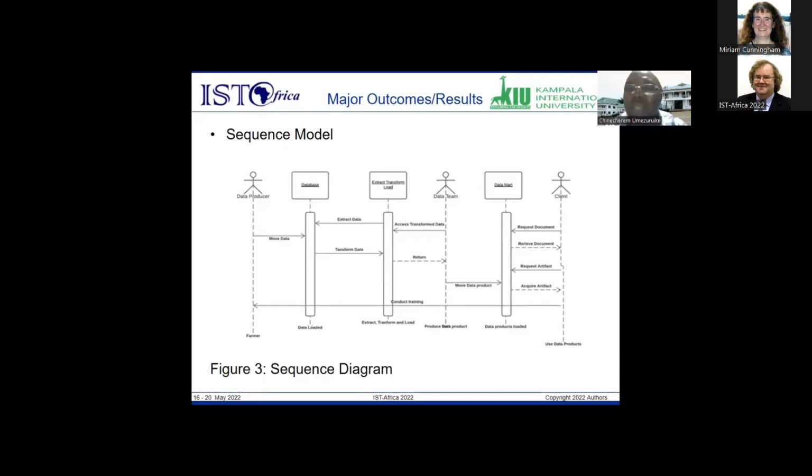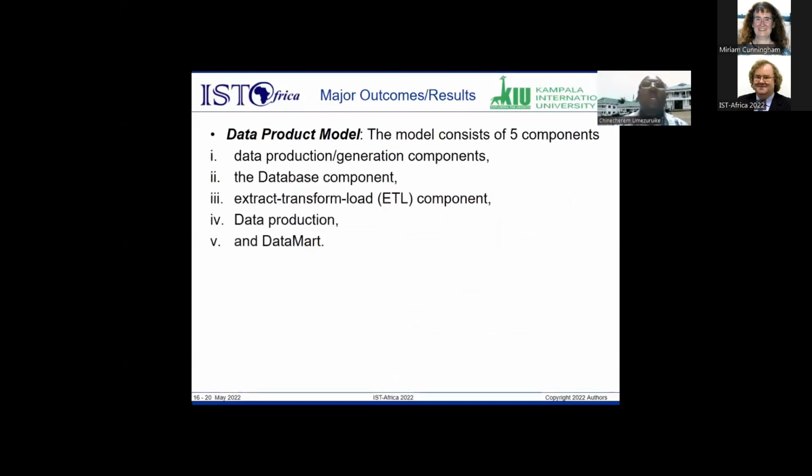The clients make a request, the request is accepted either by paying a token or by registration, and these products are made available, which are retrieved and used by the client. The major output, or the main result of this research, is the data product model.